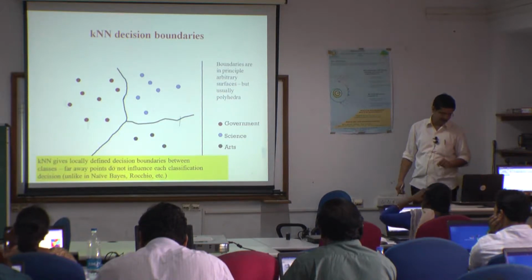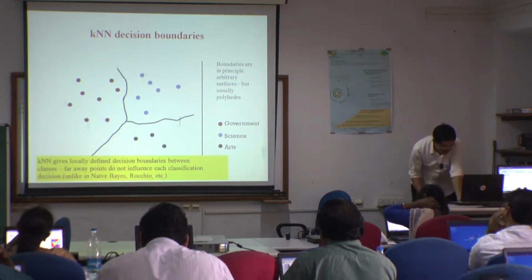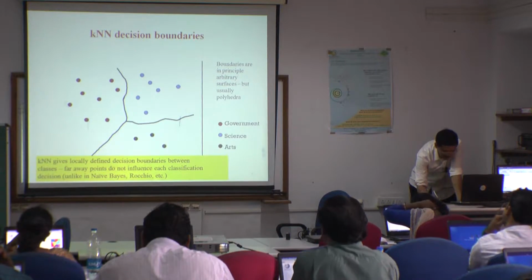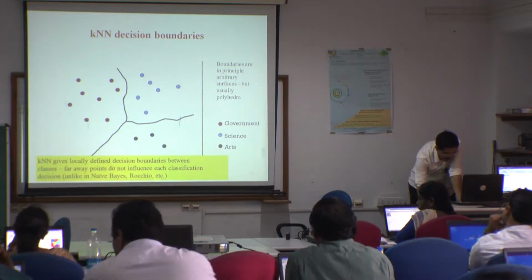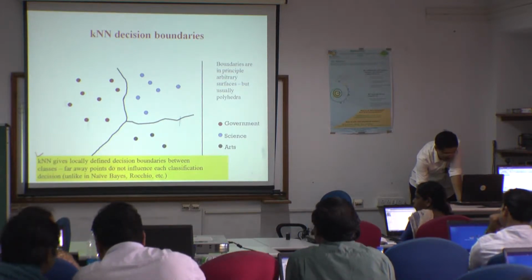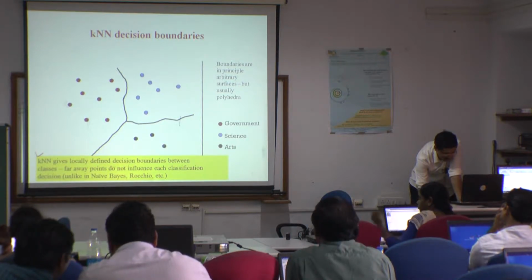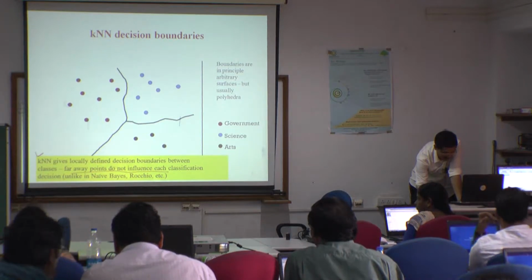Now the decision boundary. Actually, the KNN algorithm locally defines the decision boundaries between classes. Far away points do not influence each other in classification.